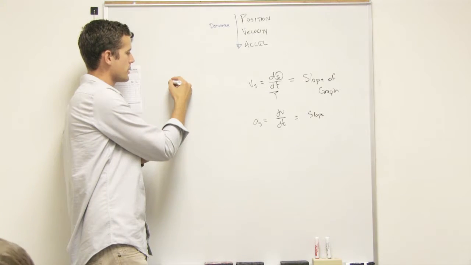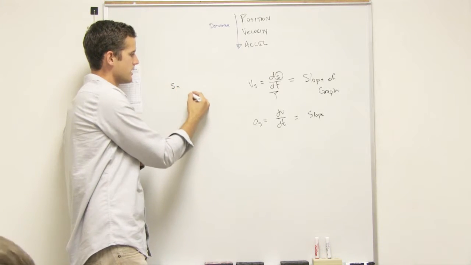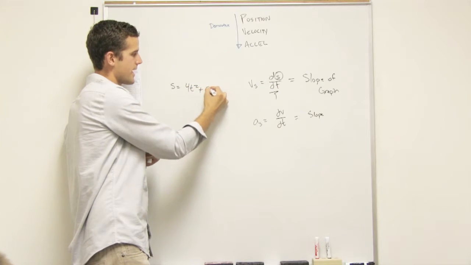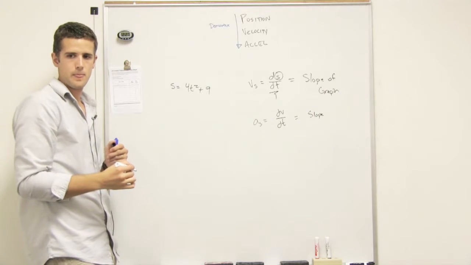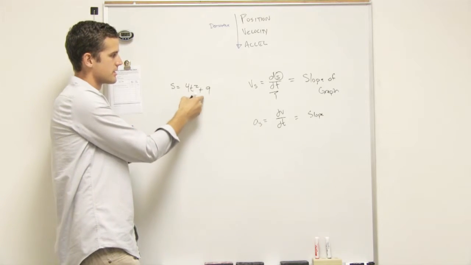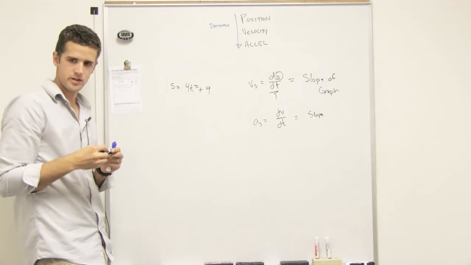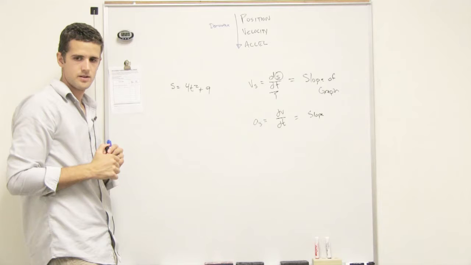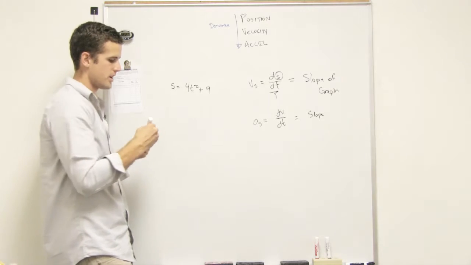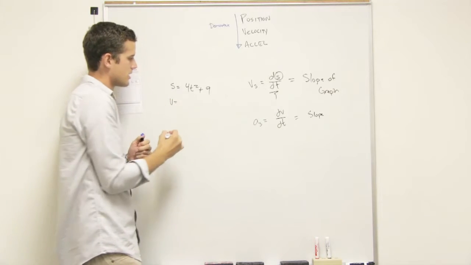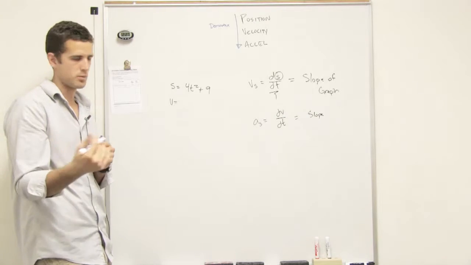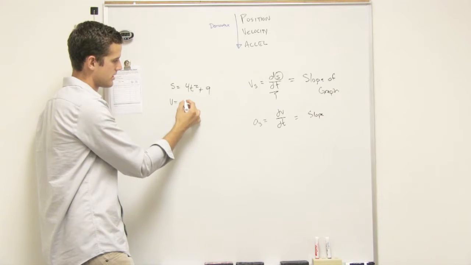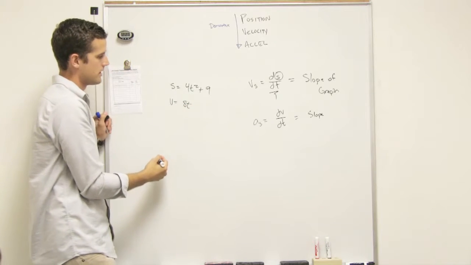Say you have an equation for position that's s equals 4t squared plus 9, and you want to find out how fast that particle would be moving. The velocity. So you're going to have to take the derivative. Perfect. In this case, what would the derivative of this be, do you know? 8t. Okay. So now you have velocity.